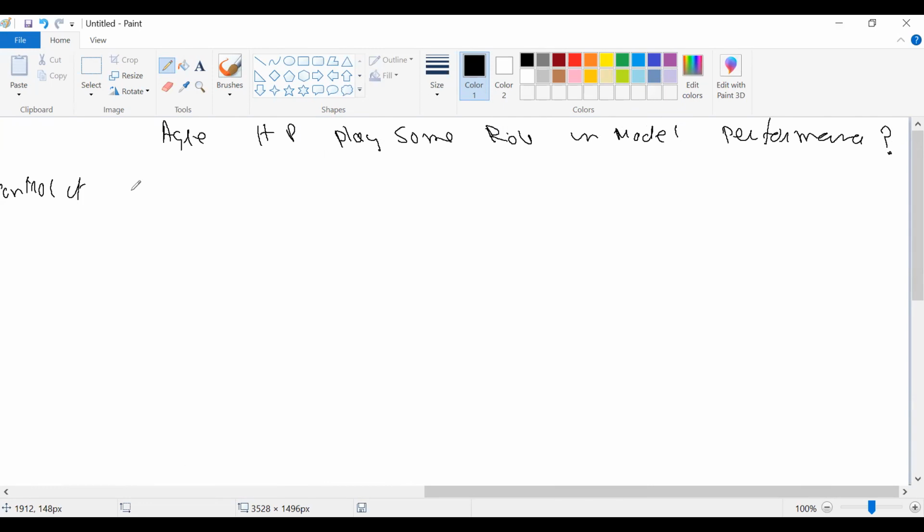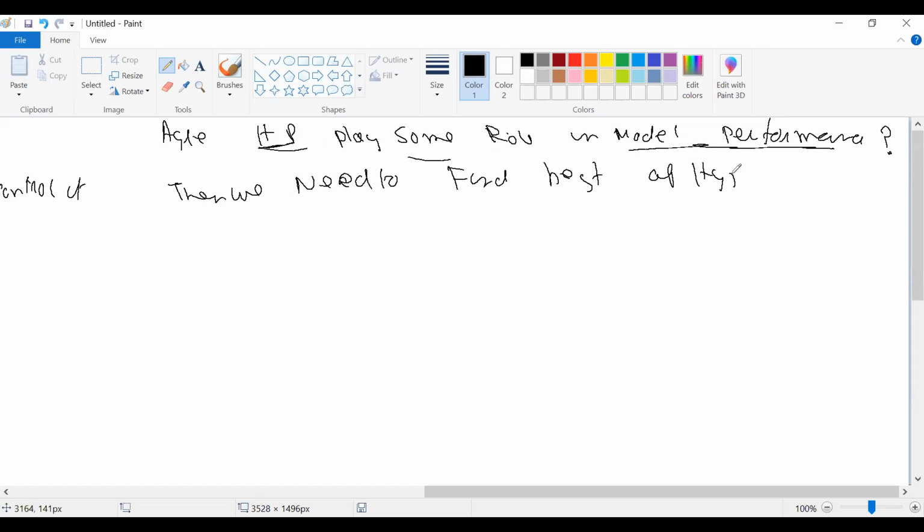Also, when I changed the depth of the tree in a decision tree, the model performance changed. If you tried last week, you would have seen that when you change your criteria from Gini to entropy, the model also changes. So hyperparameters have some role in model performance. And if they do, then we need to find the best set of hyperparameters. Yes or no?